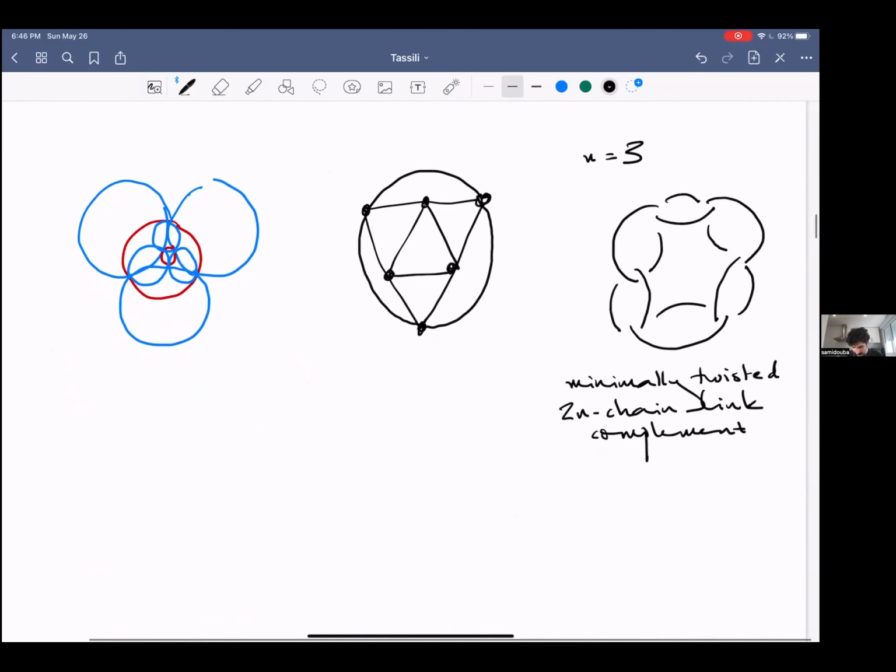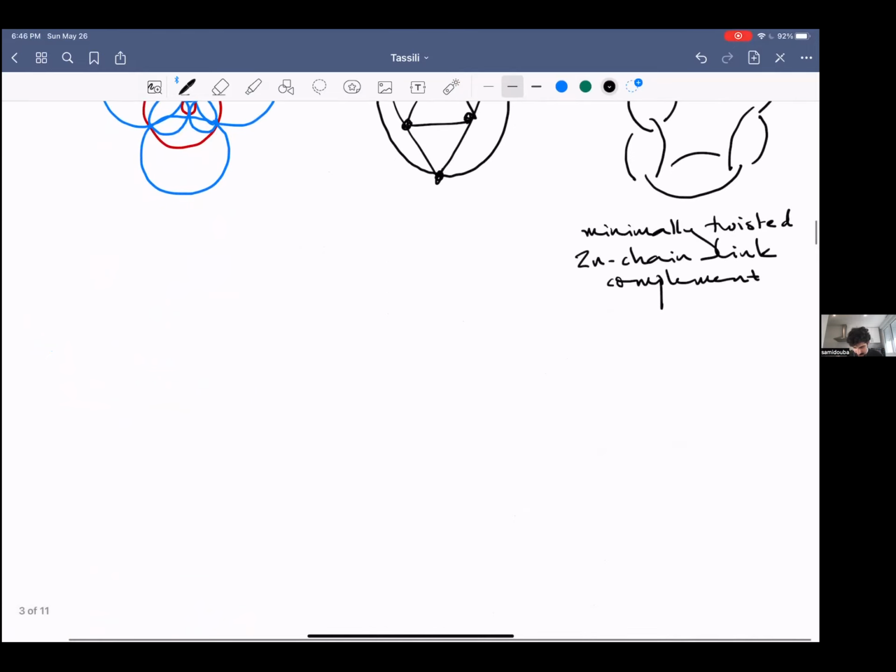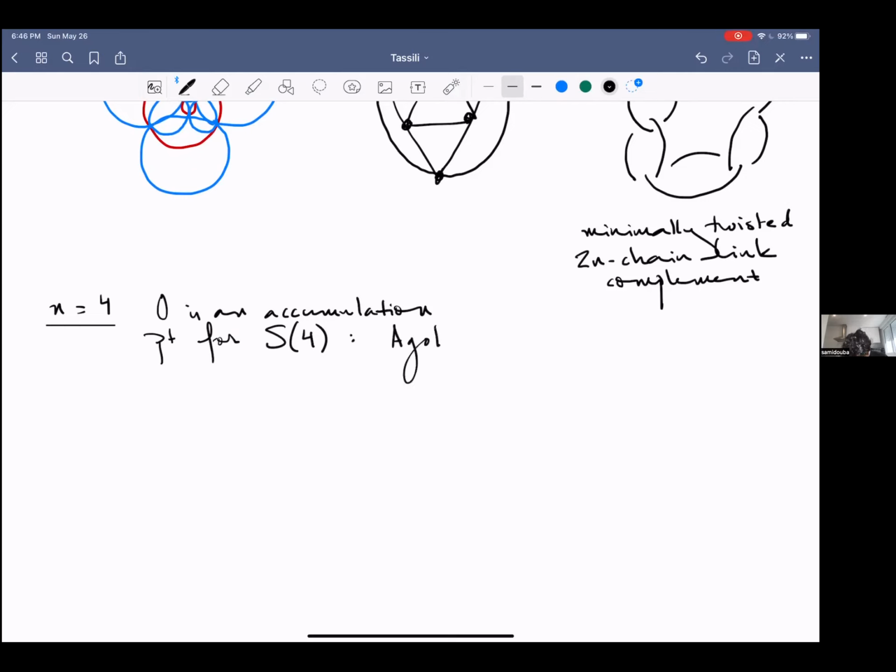Just before we take a break, maybe I'll say, for n equal to 4, the fact that 0 is an accumulation point for S4 is due to Agol in a very beautiful, short, and unpublished note.